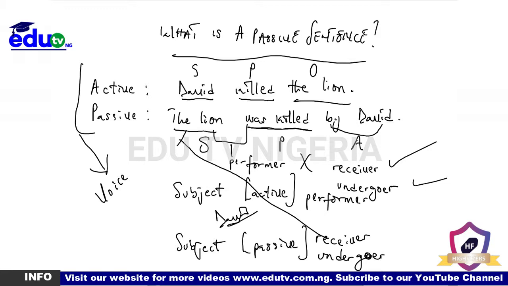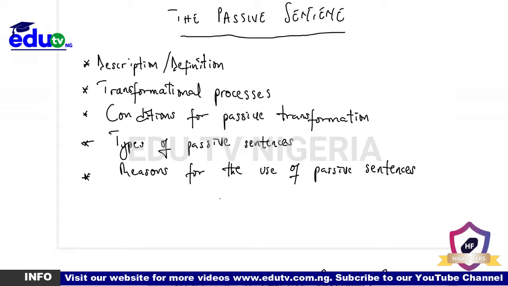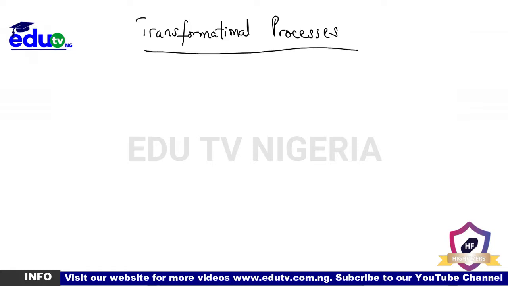So let's go to the next thing, which is what? Transformational processes, if I'm not mistaken, right? So according to what we have here, the next thing after the definition or description is what we call transformational processes that occur in the formation of a passive sentence. Now, what are the transformational processes that take place in the formation of a passive sentence?